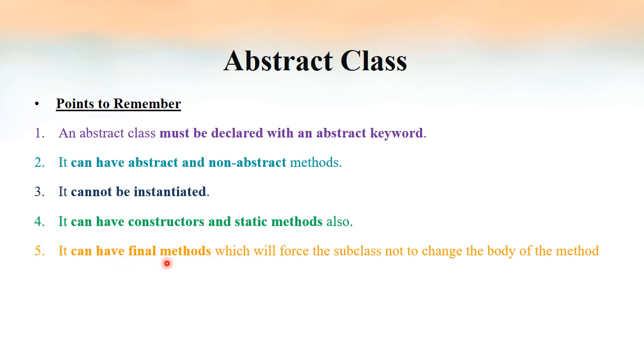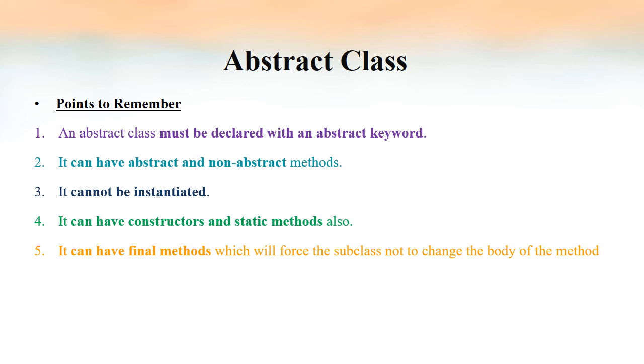We have discussed the keyword final and how to use it with inheritance in the last video lecture. It is used to prevent method overriding. So when we declare a method as final, it forces the subclass not to change the body of the method. So if we declare a method as final within the parent class, then the child classes cannot modify the lines of code that we have written inside that method.